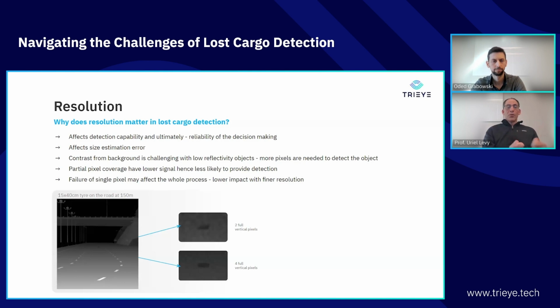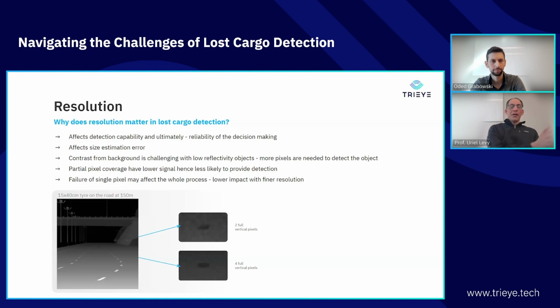Now, the contrast coming from the background is always challenging with low reflectivity objects. So in general, more pixels are needed to detect the object. So it's again a question of resolution. The better the resolution, the better our ability to differentiate contrast from the object. Then we have the issue of partial pixel coverage. We might see the image by, say, 4 pixels, or maybe by 4.5 pixels or 4.7 pixels.